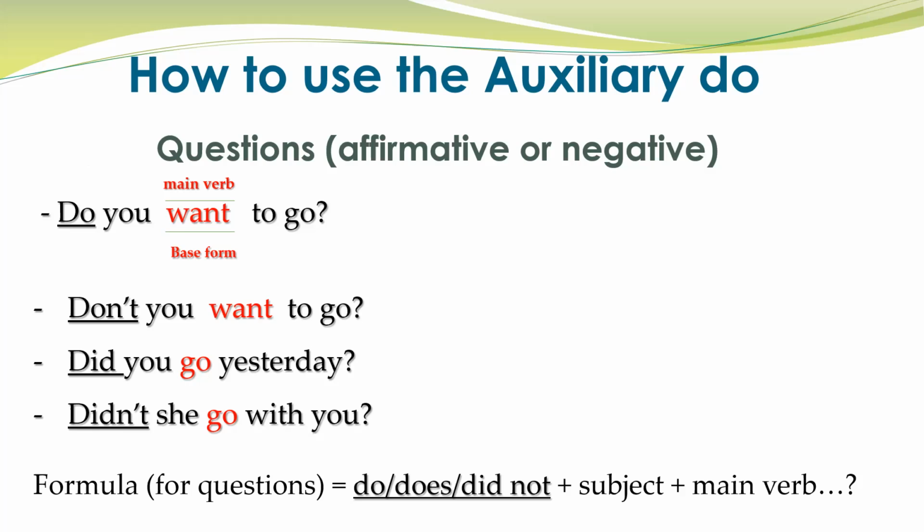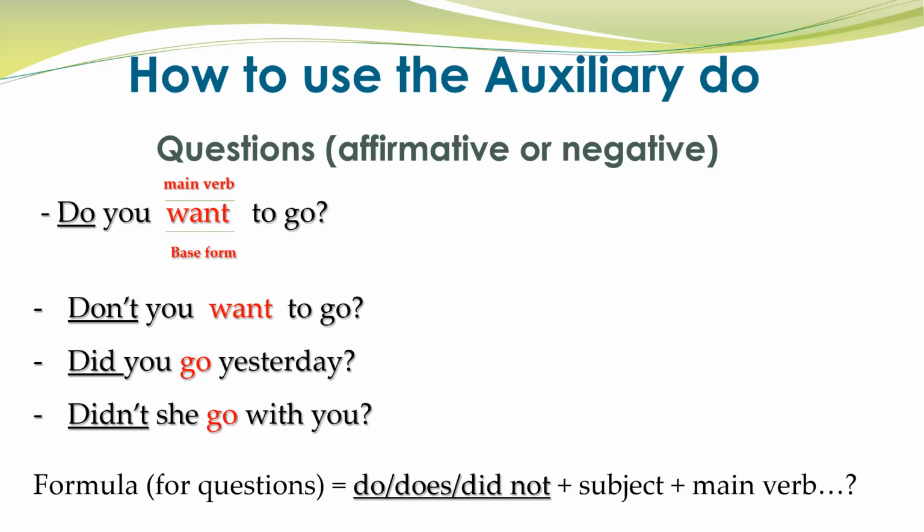Now, let's switch to the past. And then again, we're using those past time expressions like yesterday, which we often use with the auxiliary verb do. Did you go yesterday? Okay. What about if it was a third person? What about a she? Didn't she go with you?